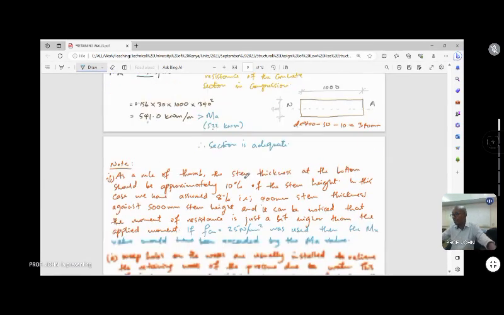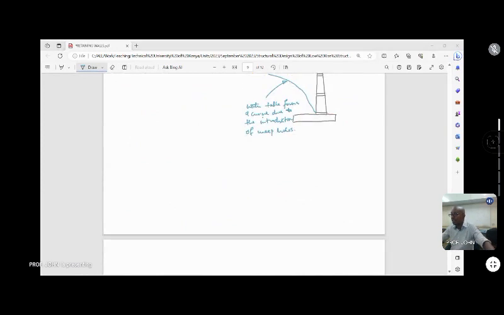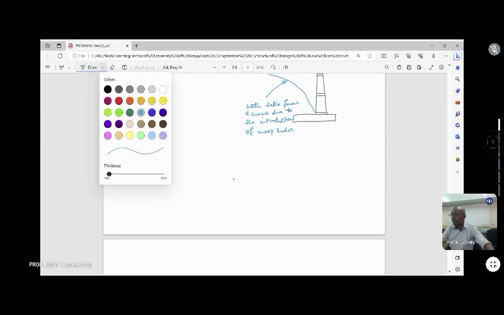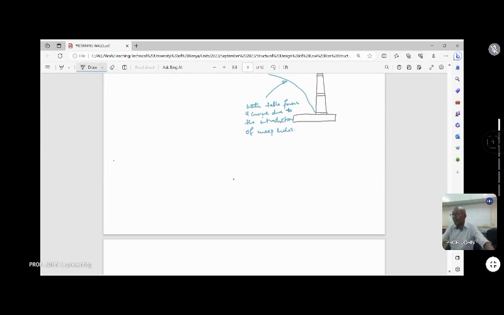So we continue with that set of equations from the BS, and we calculate the lever arm Z, which is d into 0.5 plus root 0.25 minus K over 0.9.